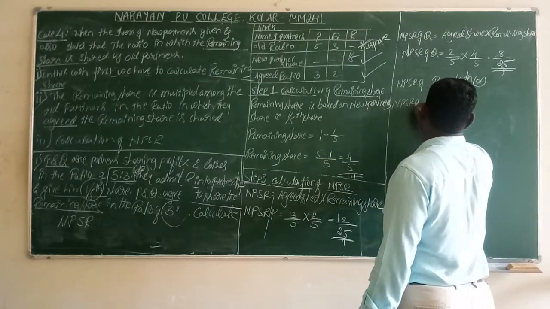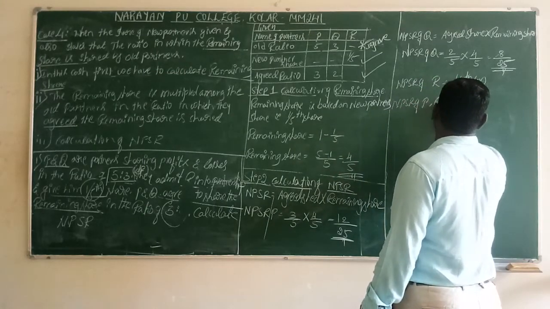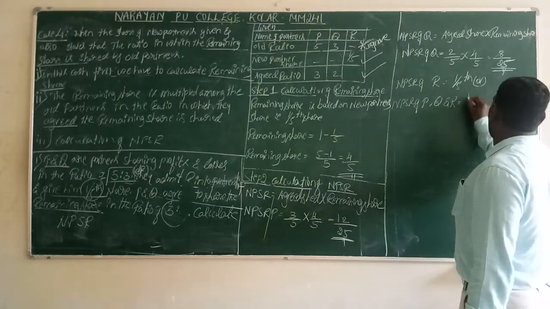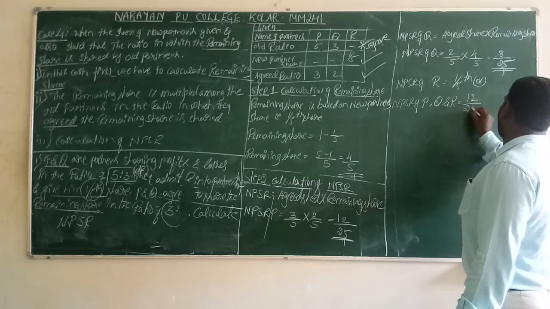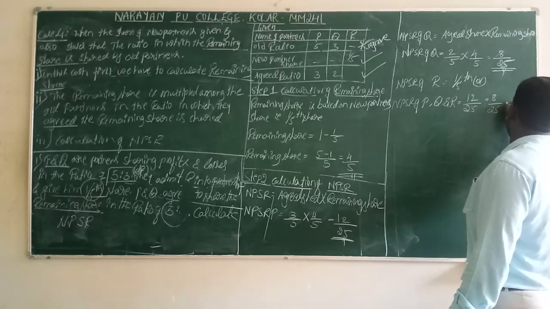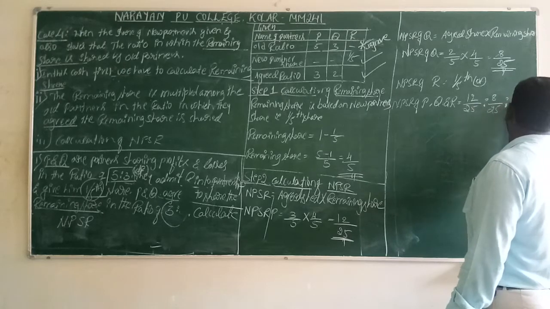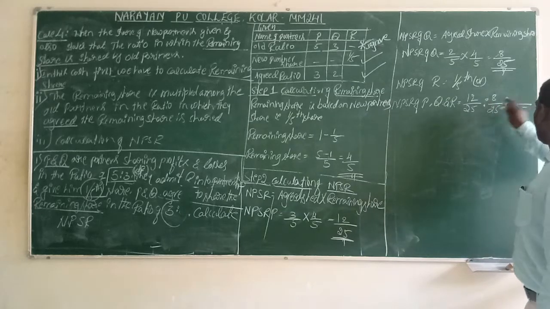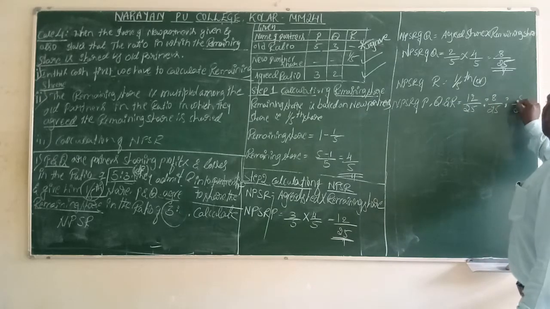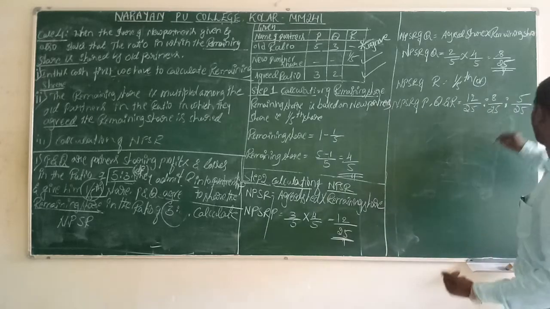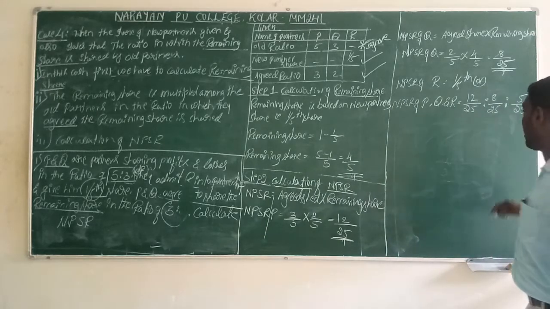NPSR of P, Q and R is equal to 12 divided by 25 is to 8 divided by 25 is to, again 25 is common, 12 plus 8 is 20, and the difference from 25 is 5, so that is what we get. That means 5 multiplied by 5 times gives the 25 frequency.